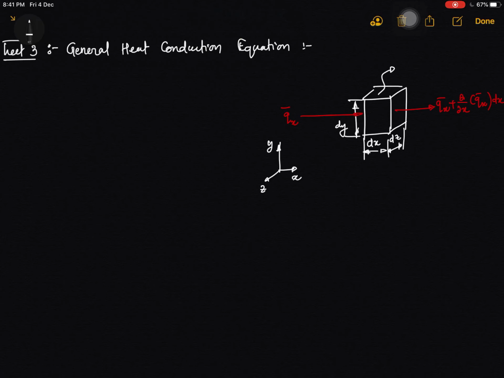So this element has volume dV equal to dx into dy into dz. This is the differential element with volume dV, and some heat flux is entering in this direction as shown in the figure.